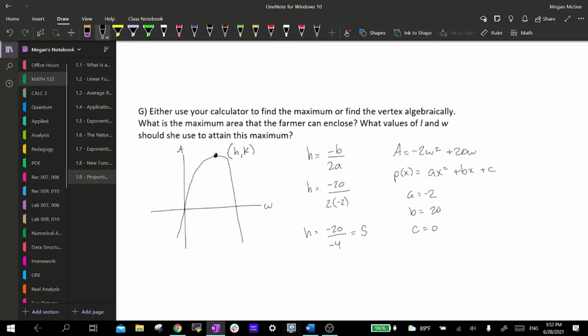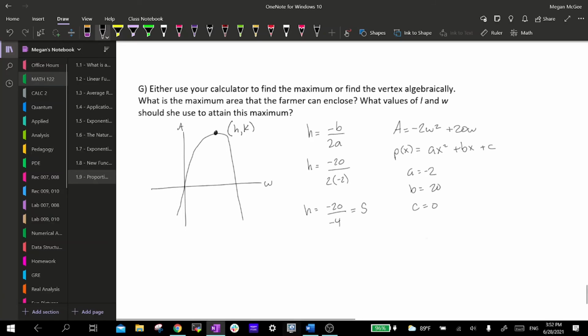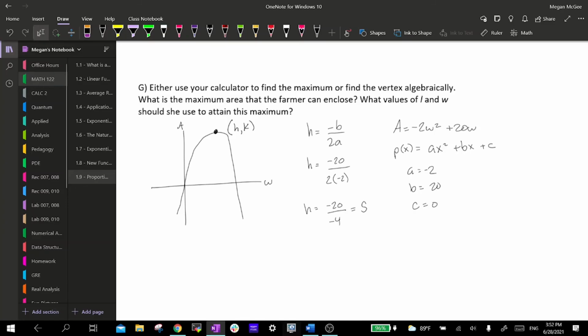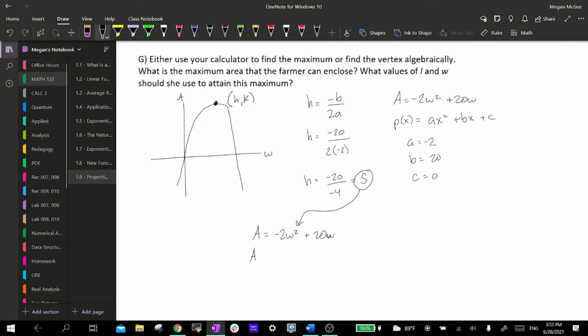All right, so what is the maximum area that the farmer can enclose? Well, h we said was our w value. So if we take A is equal to negative 2 times w squared plus 20w, and we go ahead and plug in our max value for our width over here. The area is a function of w, right?